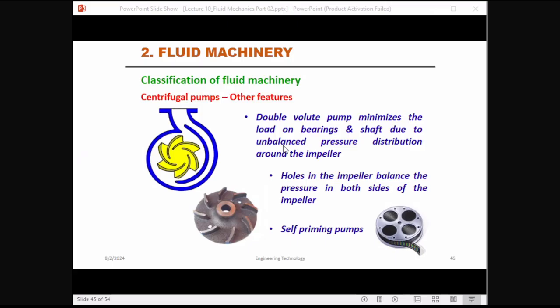Here you can see other features in the submersible pump. We can see several other important features here.